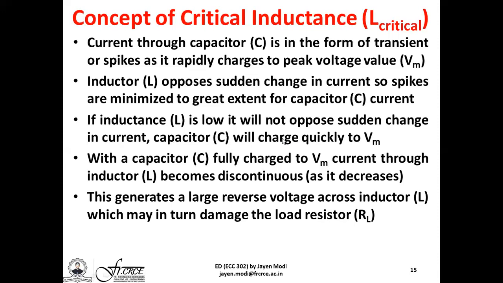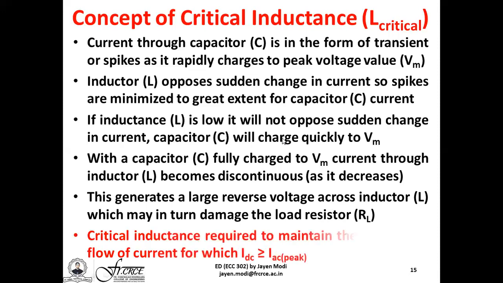This reverse voltage may also damage the load apart from causing sparkings. So to prevent this, we need to maintain a minimum required critical inductance value so that the current through the circuit is continuous, and the condition to achieve this is simple: the average or the DC current should always be kept more than or equal to the peak value of the AC current.